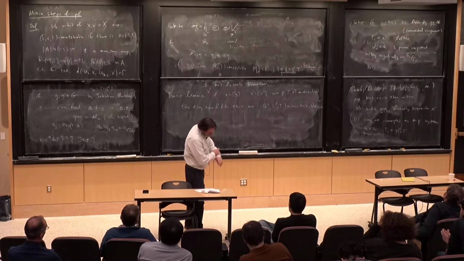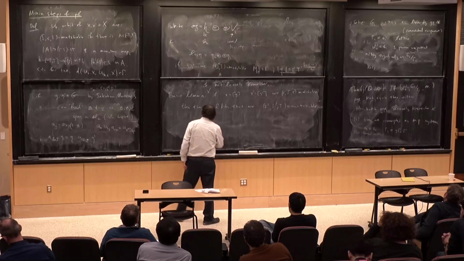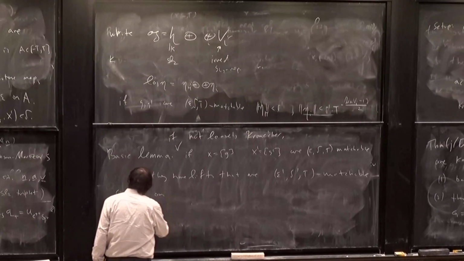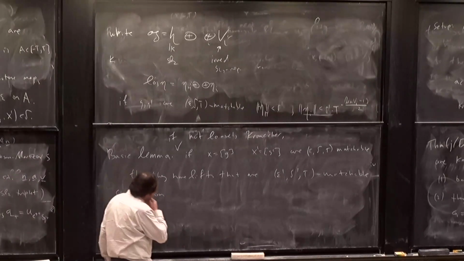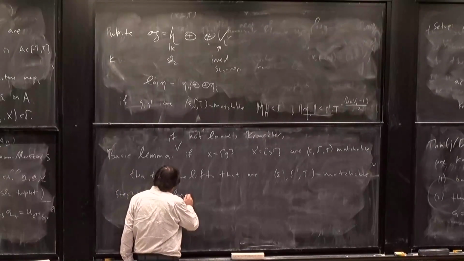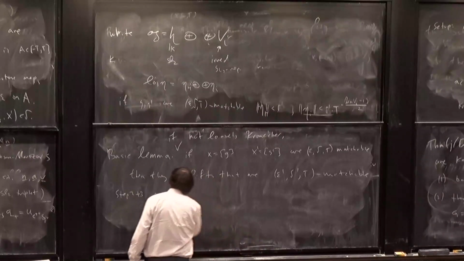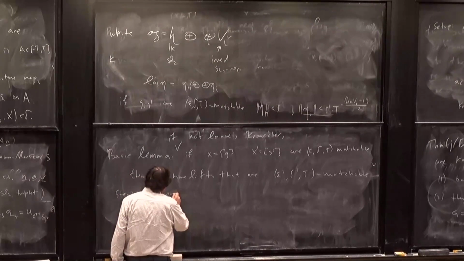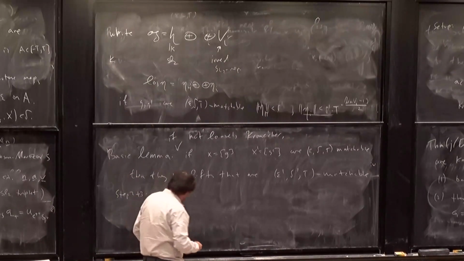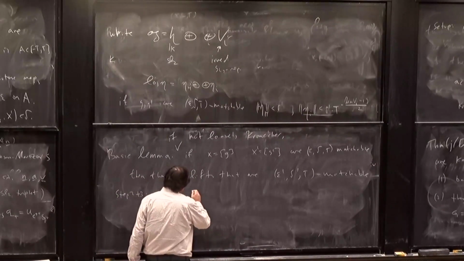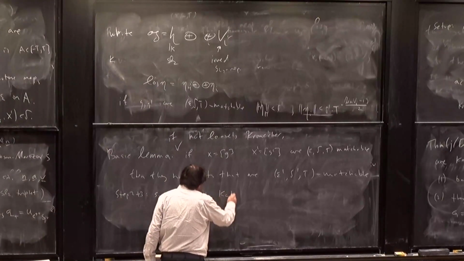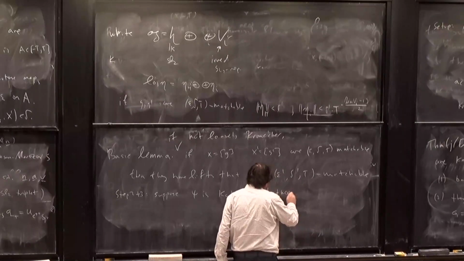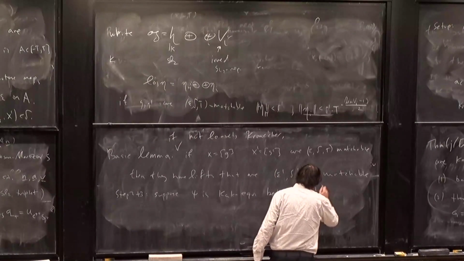Then step 2, or let's say steps 2 and 3 together: suppose now you have a Kakutani equivalence, suppose psi is a Kakutani equivalence between the Gi modulo gamma i.